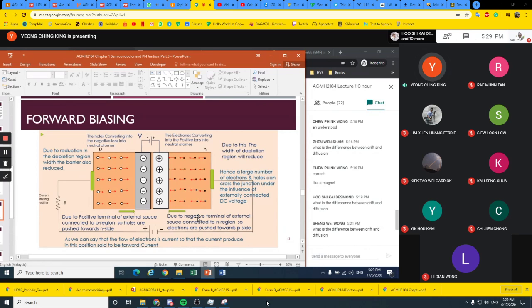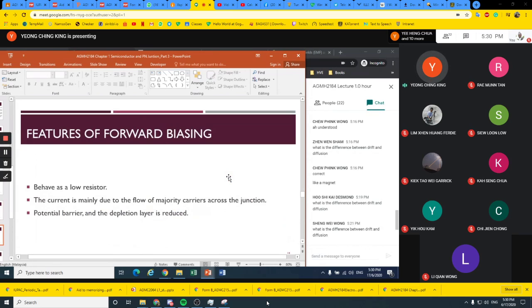So when all of these positive charges and negative charges can move through the depletion region, the electrons here also can be moved, and then the current can flow through the diode.